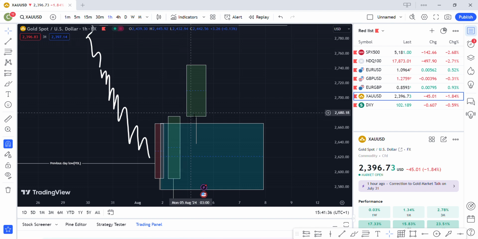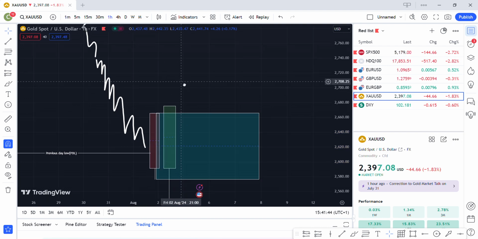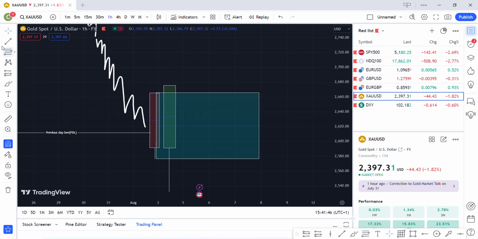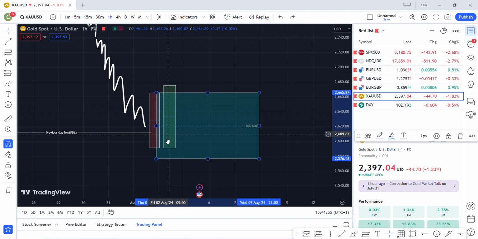And the third way is using the mean threshold. This candle is particularly strong because it has no wicks at the top, so it's a very high probability order block. However, let's say it wasn't a high probability order block, or let's say this is on an hourly chart, and inside of here there's a 5 minute order block, a 15 minute order block.